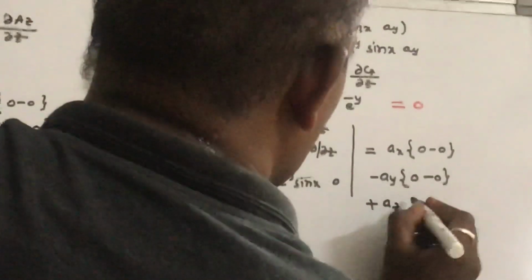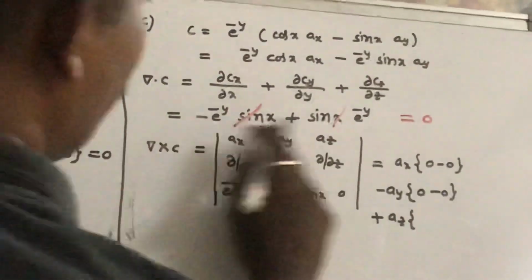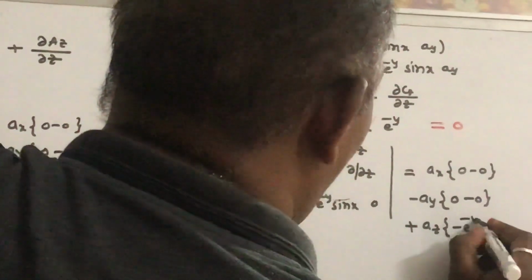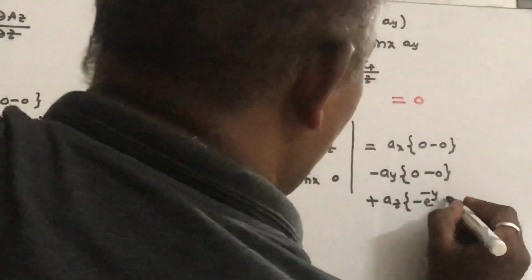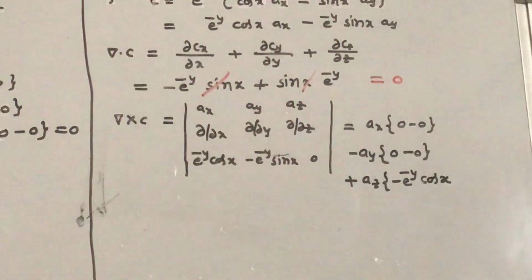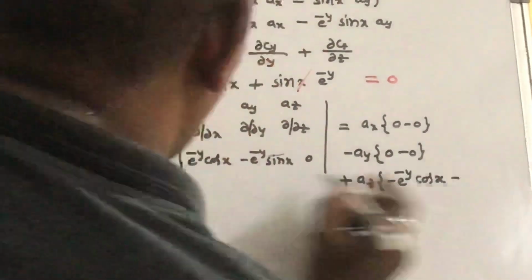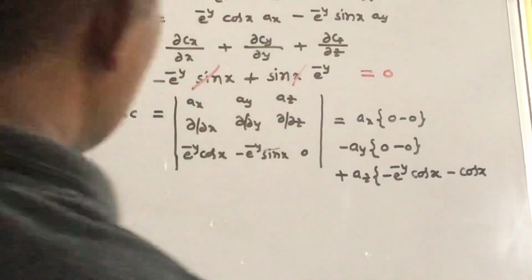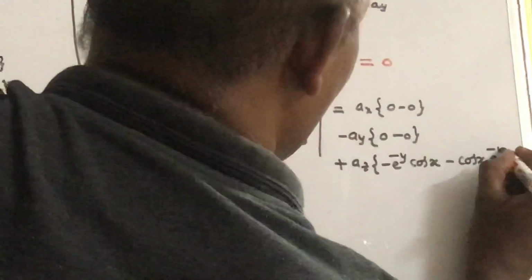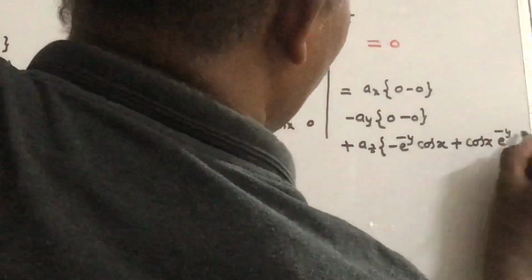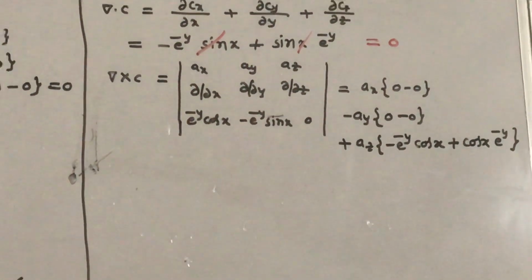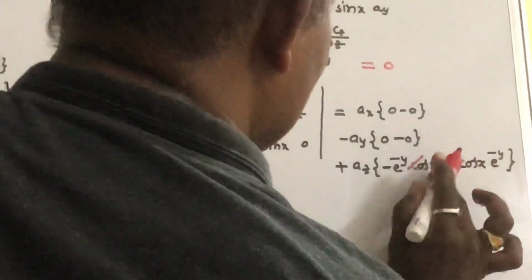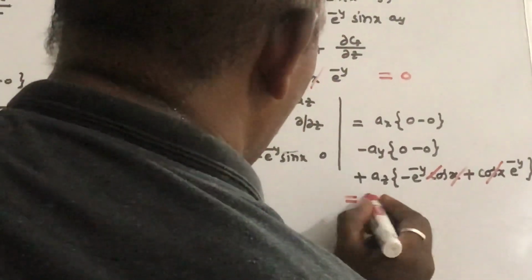Plus az into dou by dou x of this term, which is minus e power minus y, a constant, times dou by dou x of sin x, which is cos x, minus dou by dou y of e power minus y into cos x. Cos x is a constant, so e power minus y stays e power minus y, with a minus 1 from differentiating minus y. So therefore these two terms cancel out. The answer comes out as 0.